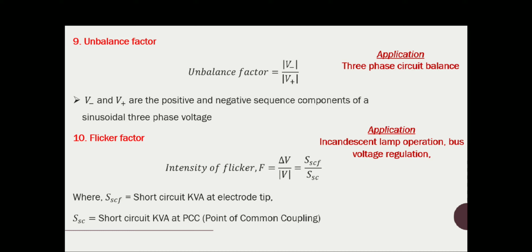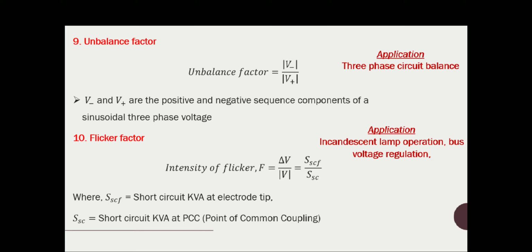In case of a three-phase voltage, we know that it has a negative sequence and a positive sequence component of voltage. So the negative sequence voltage magnitude to the positive sequence voltage magnitude ratio is known as unbalanced factor. This actually measures the three-phase circuit balance.